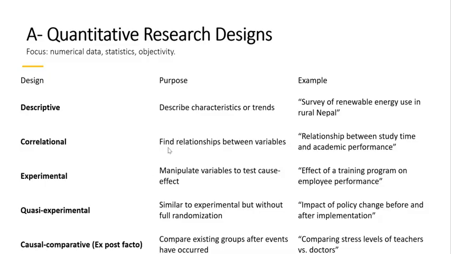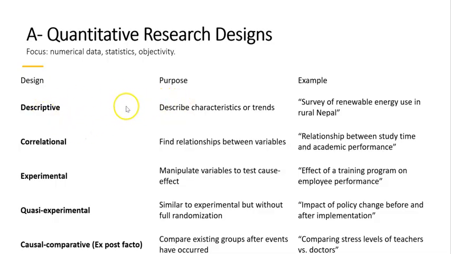First one, definitely, is quantitative research design, which focuses more on numerical data, statistics, and is objective. Some of the designs within quantitative research design which are mostly used are, first, descriptive.